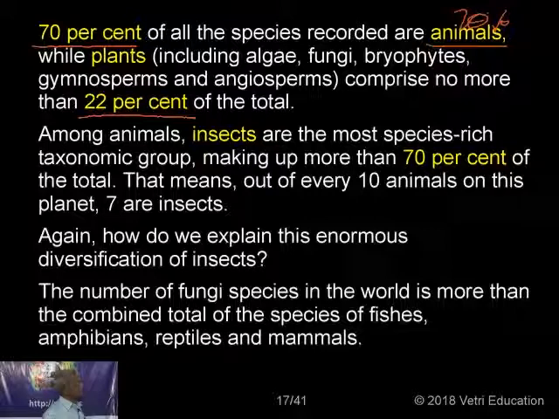Among animals, insects are the most species-rich taxonomic group, making up more than 70% of the total number of animals. That means out of every 10 animals on this planet, 7 are insects. Again, how do we explain this enormous diversification of the insects? See, on a rainy day, this is a very common sight.